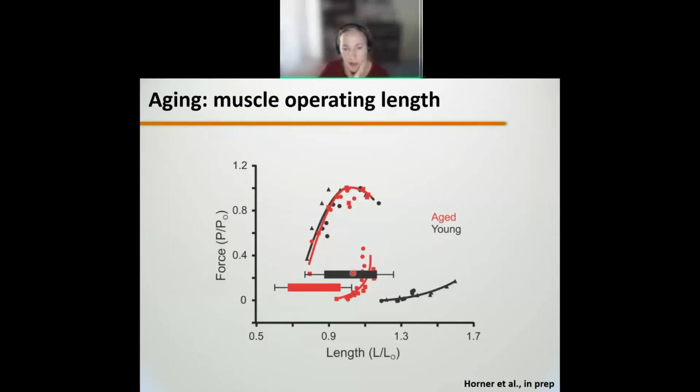The young rats tend to operate at longer lengths. In this particular case, the y-axis is not important. We're just mapping lengths onto this length tension curve. What we see is that indeed the young rats tend to stay pretty close to optimal length near that plateau, and aged rats, at least these aged rats, tend to stay at shorter lengths.